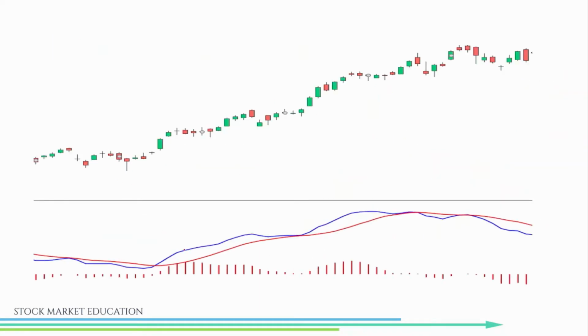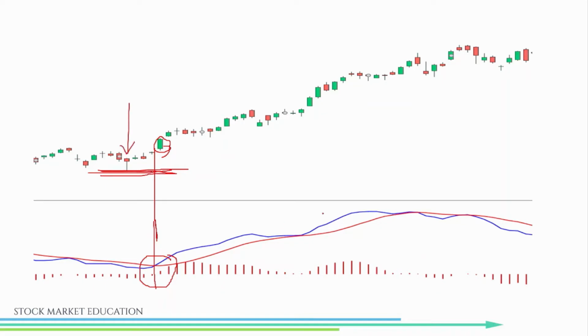Now this is an example. Here you can see there was a positive crossover. This was the crossover, this was the green candle, our entry point. And what would be our stop loss? The nearest swing low will be our stop loss. So this is our stop loss, the low of this candle.